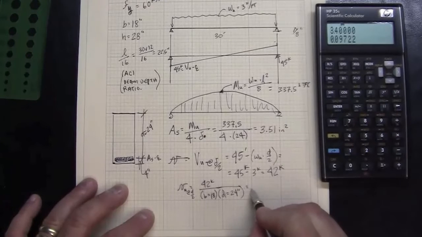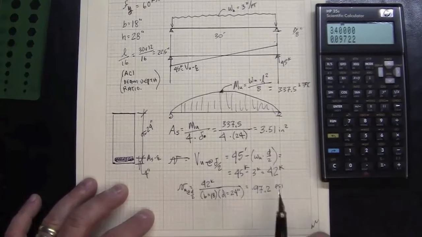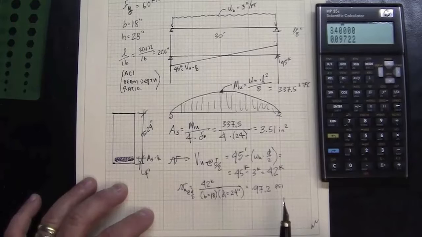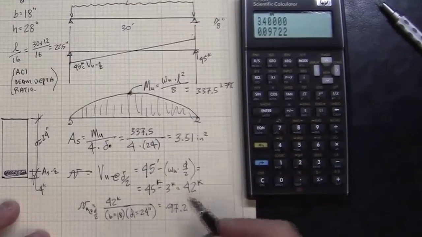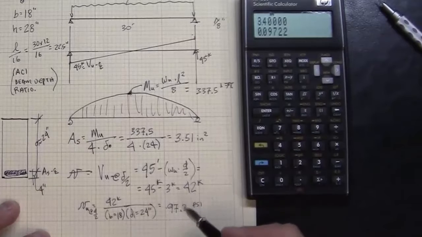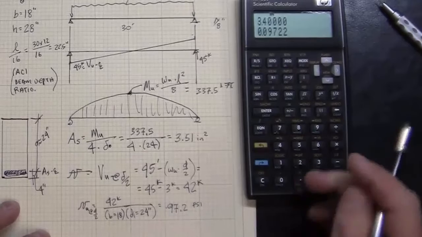And I'm going to come up with a stress that is about 97.2 psi. From rules of thumb, I already know that this is a very low stress, and it's most likely going to be just minimum steel required.